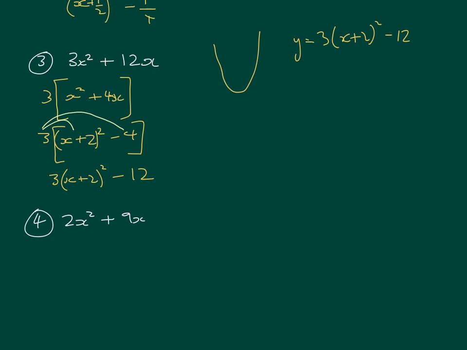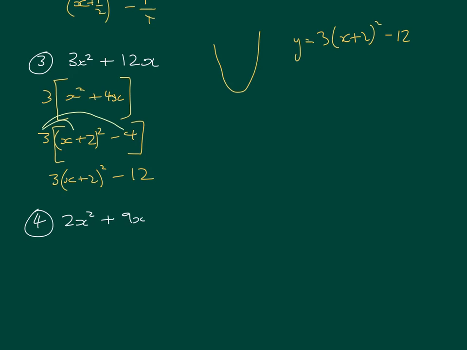So when will this be the lowest point? So we're doing a number, take away a 12. So for this number to be as low as possible, this needs to be as low as possible, and the lowest that a square number can possibly be is 0. So we're going to have to make this inside here 0.